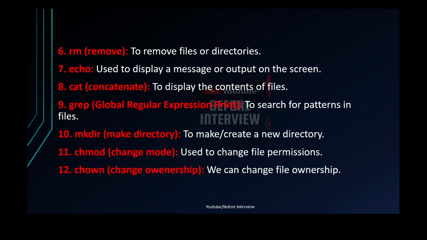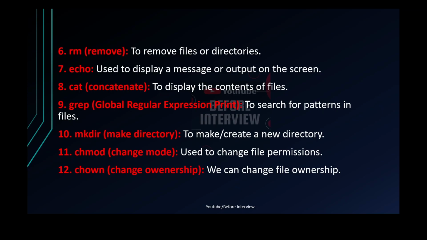The cat command is also used for different purposes, like we can concatenate two files. We will see all these purposes of the cat command in detail in the next videos.